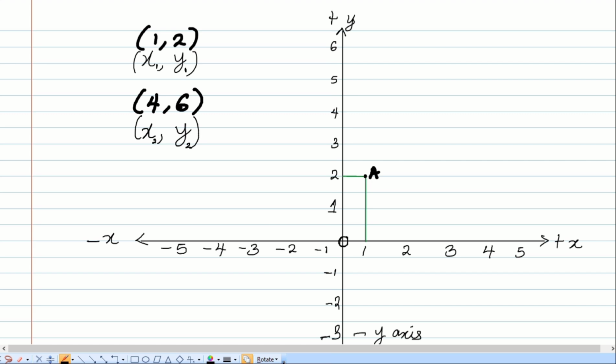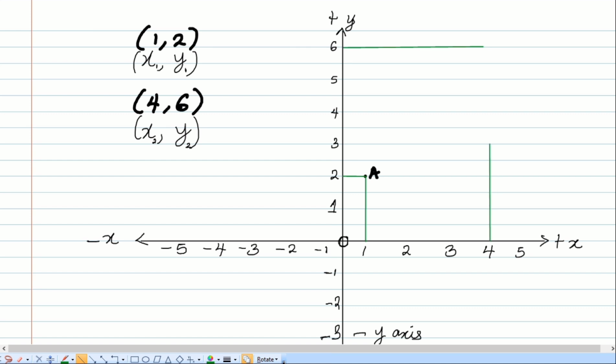What this simply means is that we are going to move from our point of origin 4 units towards the x-axis, positive x, because that's positive, and then 6 units towards the positive y-axis. I like to trace mine from the y-axis, but regardless, we're still going to get the same result.